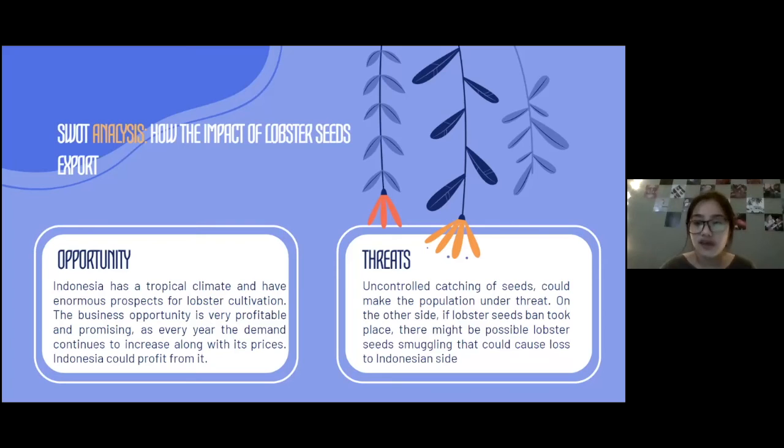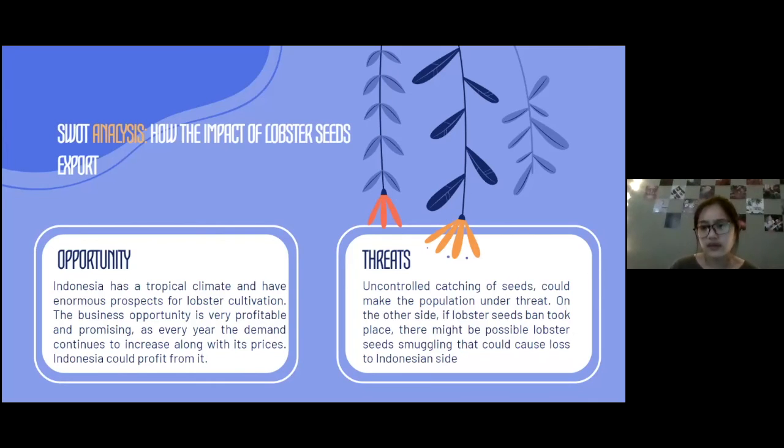Why? Because the scarcity made the price increase. The price of lobster back then was only 500,000 to 2.5 million rupiah per kilogram, and then it increased in the following years to 4 million rupiah per kilogram, to 5 million per 800 grams.